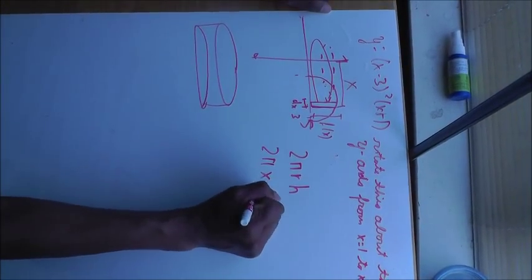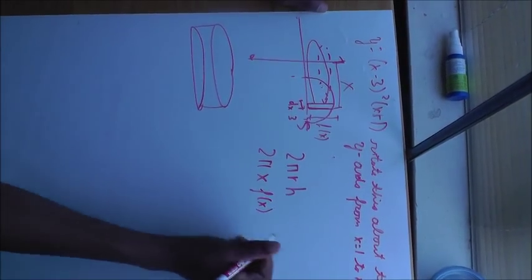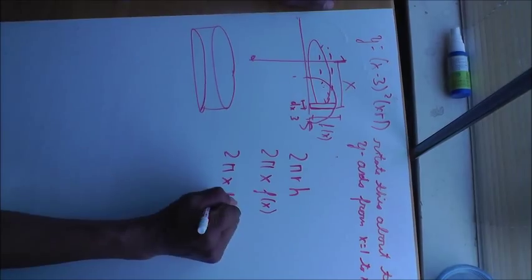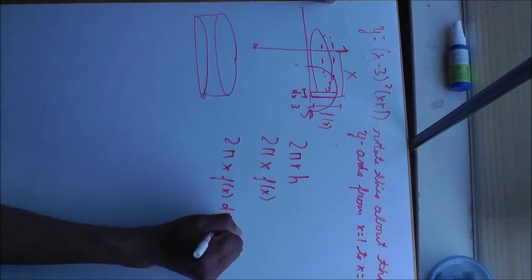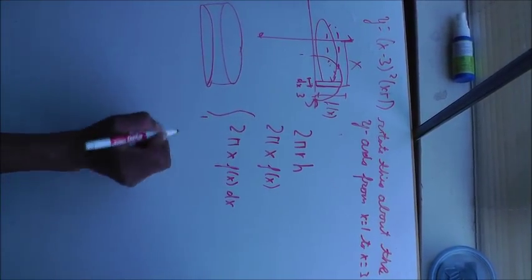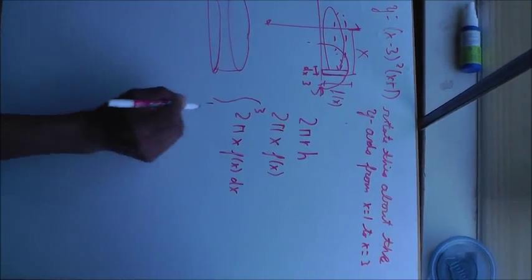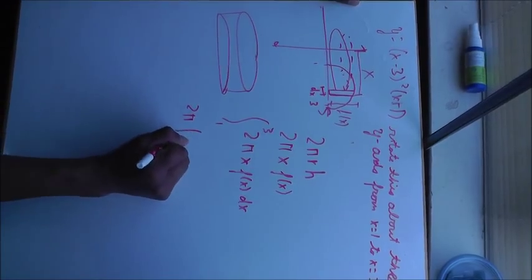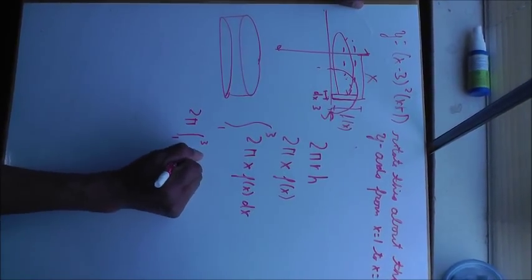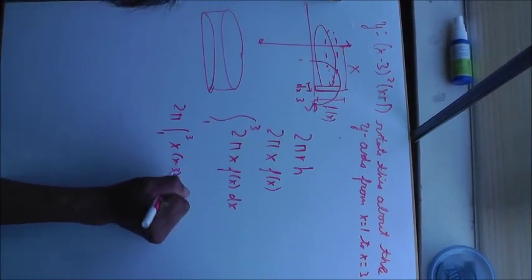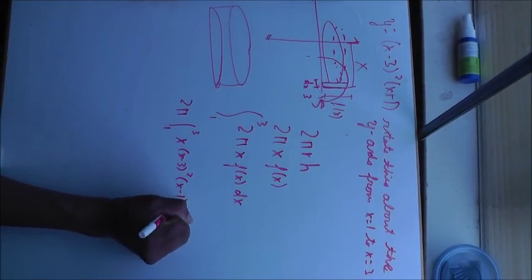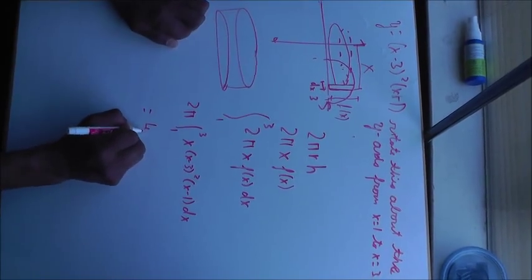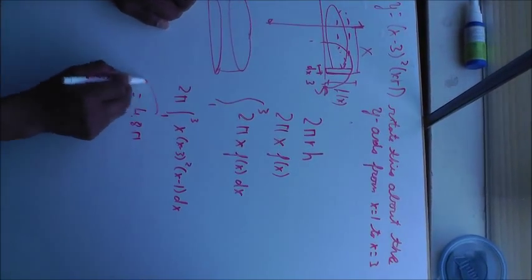When we multiply this by dx to get the volume and add up all the little cylinders from 1 to 3, we get this function. Once we simplify this, we get 2 pi times the integral from 1 to 3 of x times (x minus 3) squared times (x minus 1) dx, which comes out to 4.8 pi.